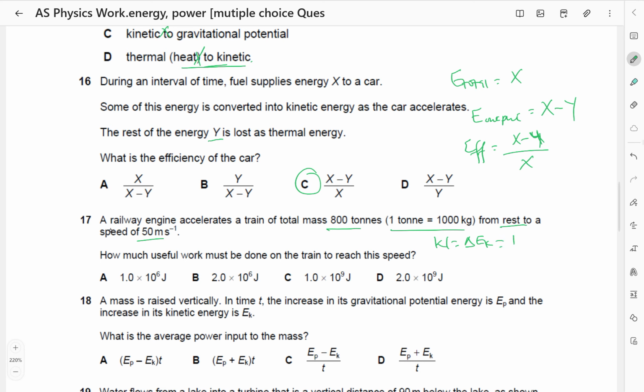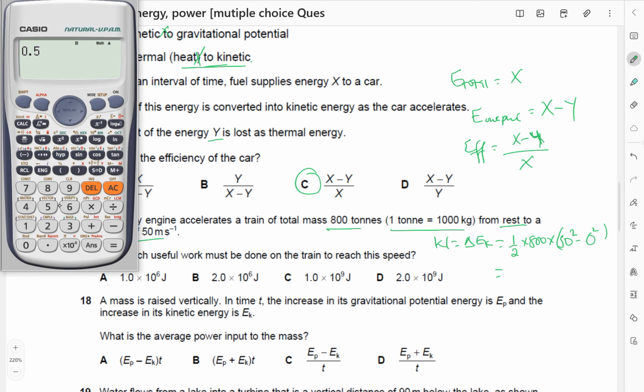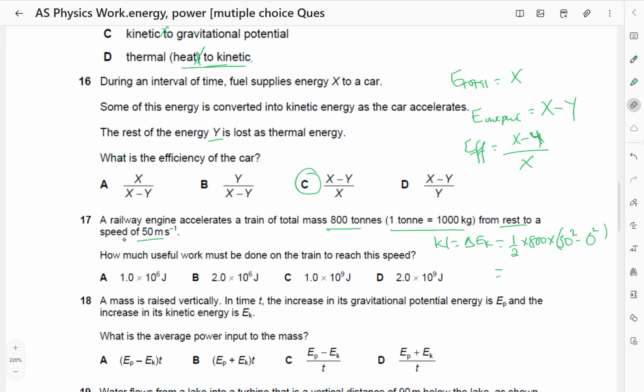So the work done is simply going to be a half times 800 times the final velocity 50 squared, minus 0 squared, to find the change in kinetic energy. Oh, the mass was 800 tons, so I will say 800 times 1,000.